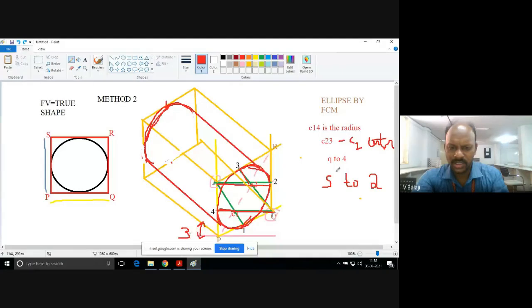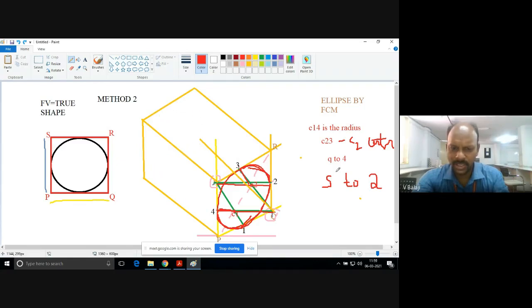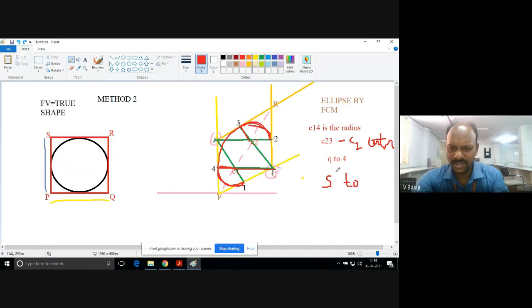So after drawing this one, you can try one more. For example, if it is the left ISO view, there will be a right ISO view also. Okay, right ISO view. I will tell you how it will be. Actually, you have drawn initially one ellipse, right?